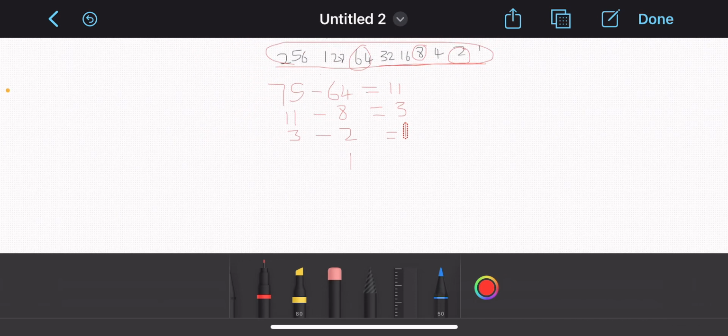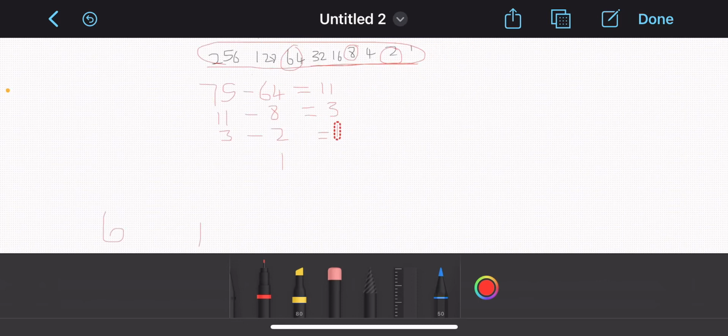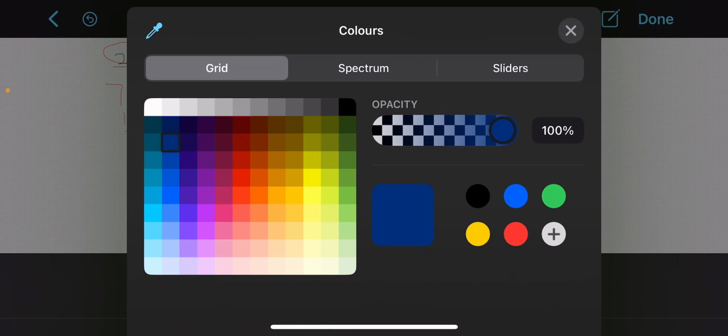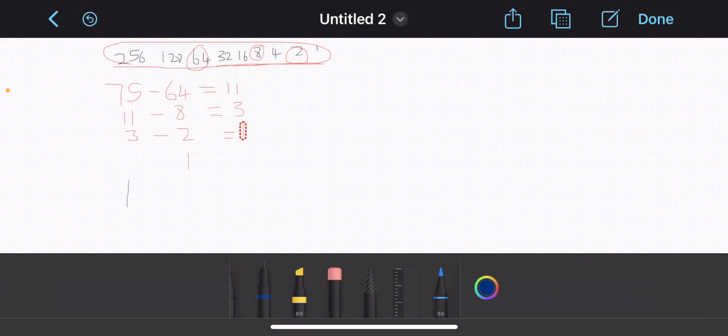And how are these numbers now important? That means that we're going to start from 64, 32, 16, 8, 4, 2, and 1.